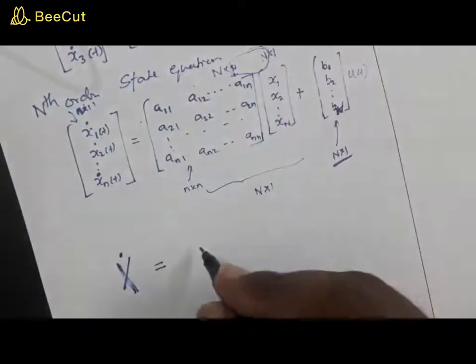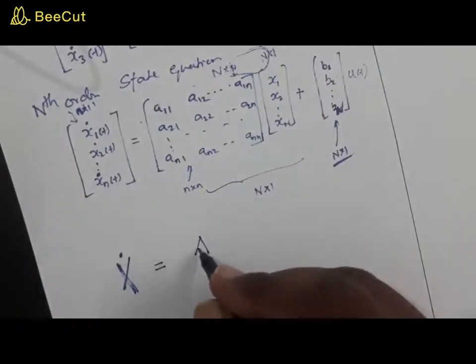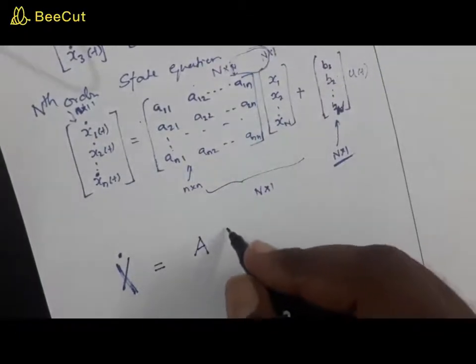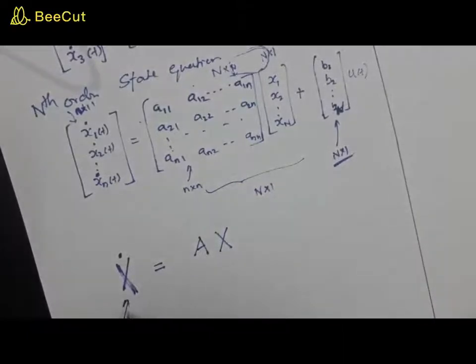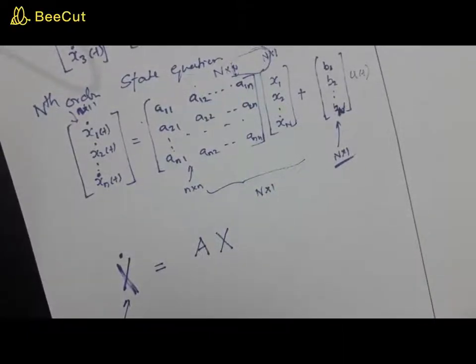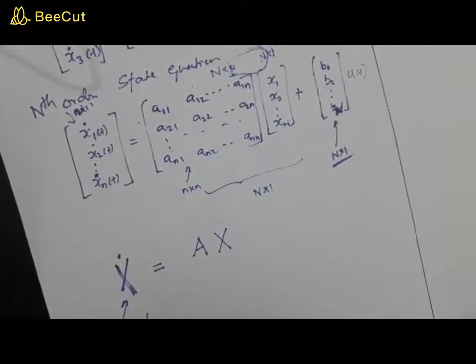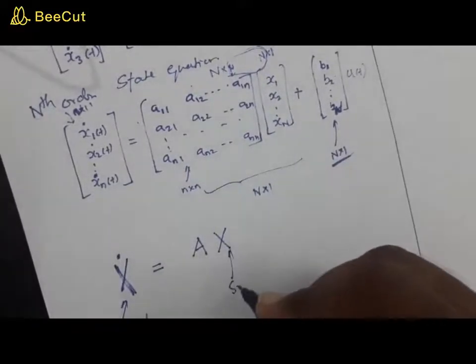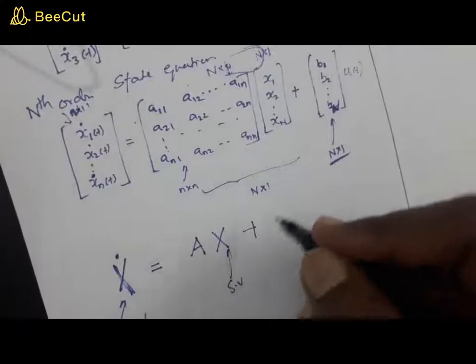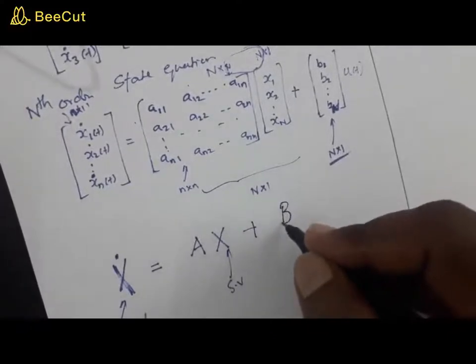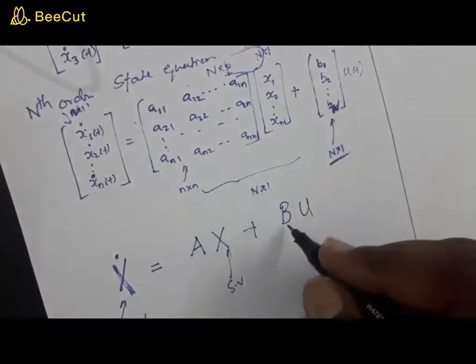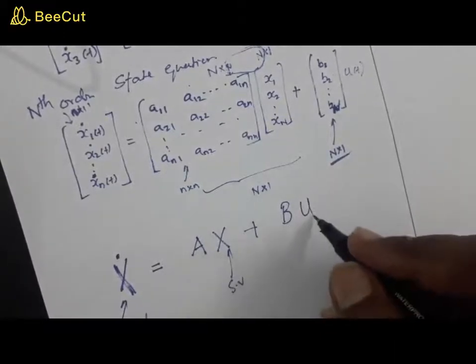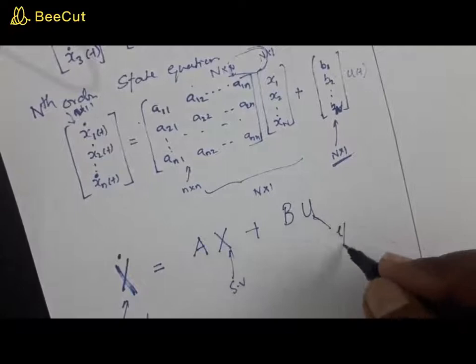This matrix is generally called the capital A matrix into x, where x is the state variable. So this is the first derivative of the state variable, and this is the state variable. Plus this is again a B matrix into U, where U is the input.